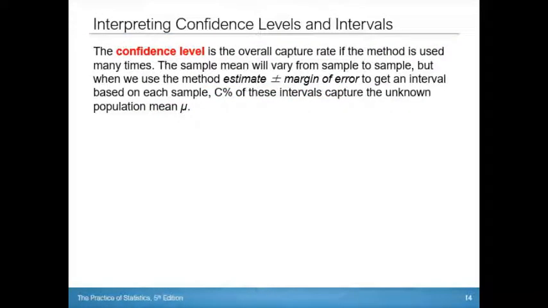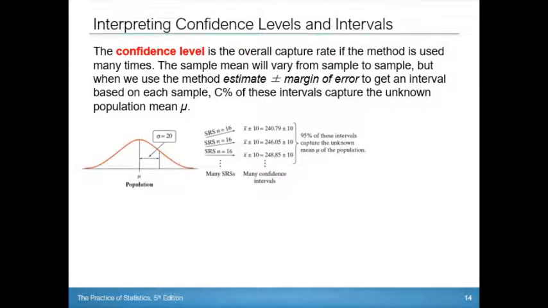All right, confidence level is the overall capture rate. So again, if we use this method to take a sample of the same size, get that x bar from that sample, do plus or minus the margin of error, we would capture the true parameter, in this case mu, C% of the time.